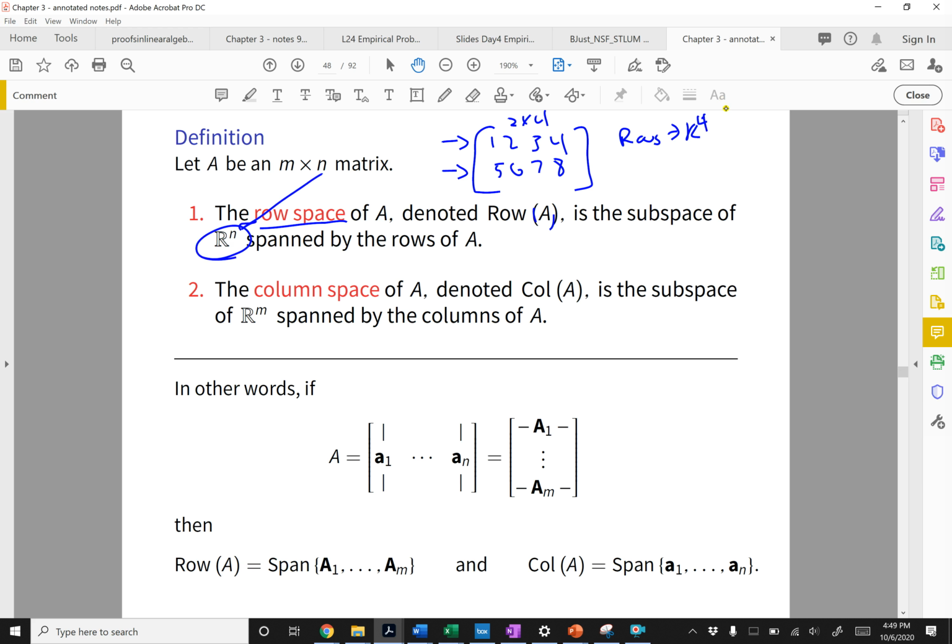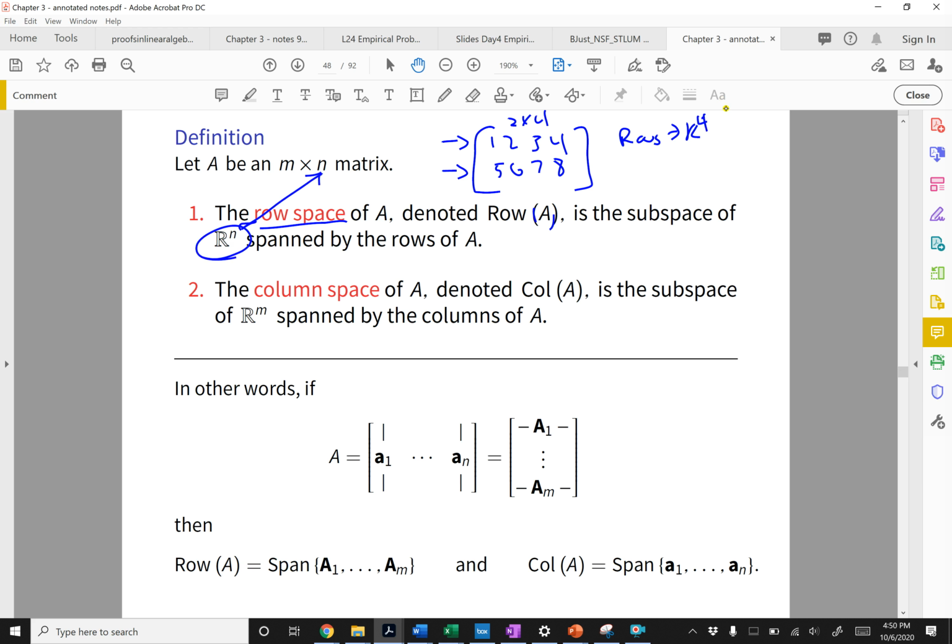Notice the second, n is the number of columns, but it's not the dimension of the row space. It's the space that the row vectors live in. They live in Rn, even in R4.